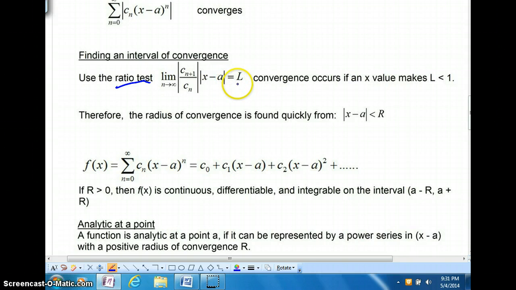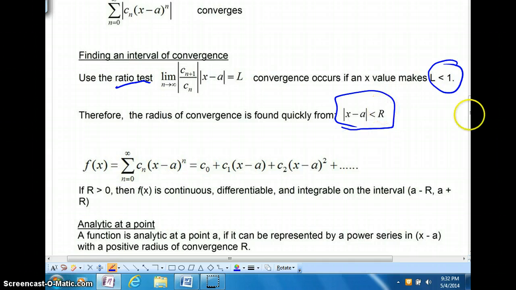If you arrive at L, some real value limit, and if that L is less than 1, then we have convergence. In fact, we have absolute convergence, which leads to regular convergence. So the radius could be found quickly through the solving of this inequality. The radius is actually on the right side. I should say the interval is found by solving that inequality.